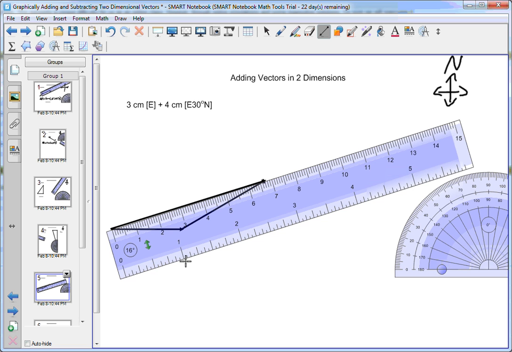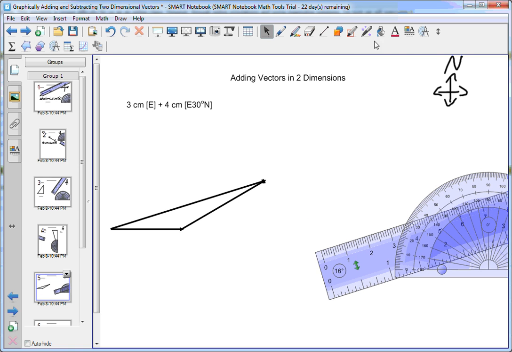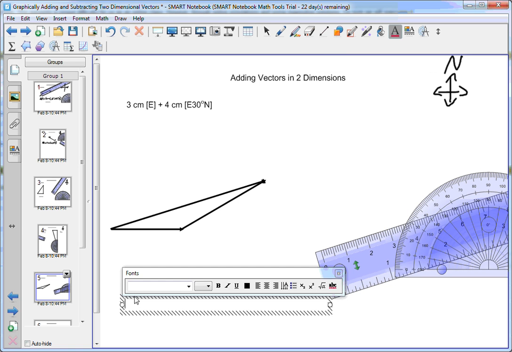We see that our resultant vector is 6.7 centimeters long. So it's 6.7 centimeters.